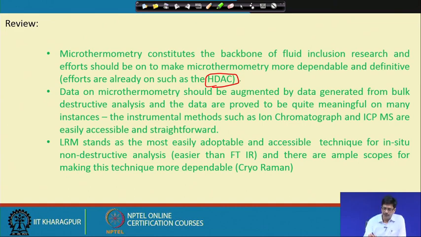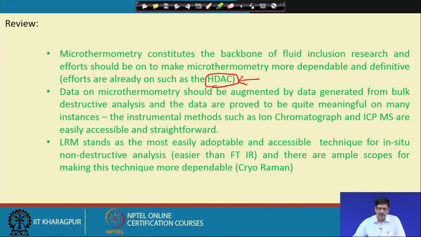And we expect to see a wider use of this hydrothermal diamond anvil cell, which has come as a very significant improvement to the microthermometric experiments. And so, microthermometry is still the most dependable, and it gives us the first hand information about the fluid characteristics.